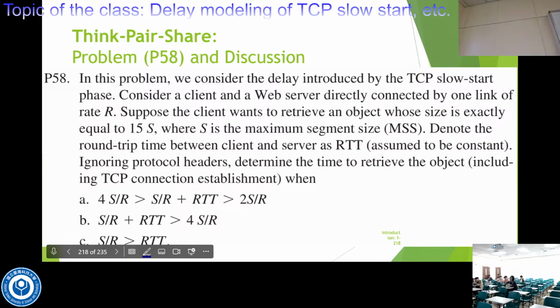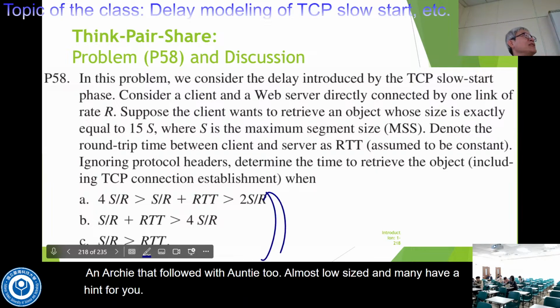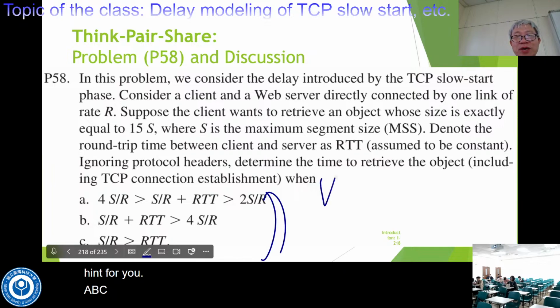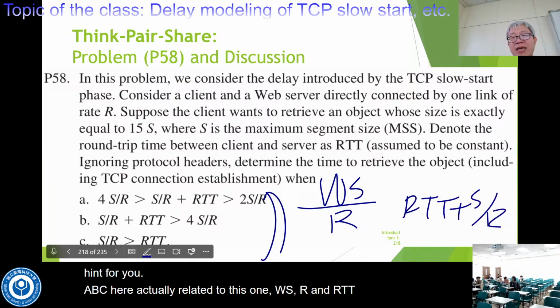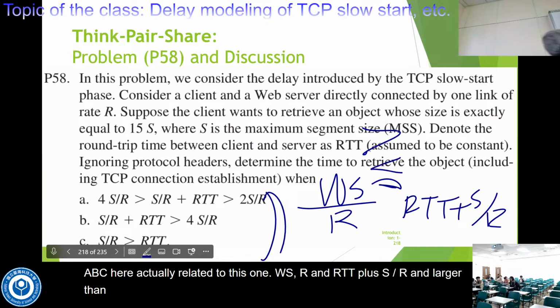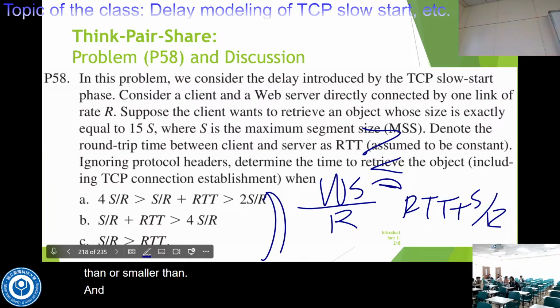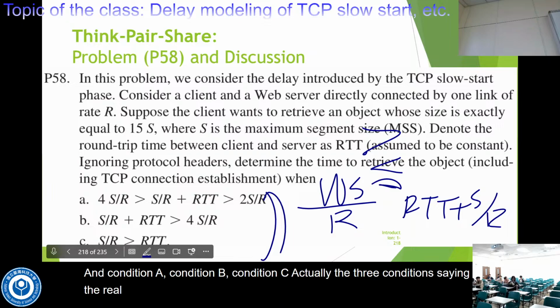Actually, the problem is related to our slow start. Let me give you a hint. A, B, C here are actually related to this one: WS over R and RTT plus S over R, larger than or smaller than. Condition A, condition B, condition C are actually three conditions saying the real window size is larger than something, smaller than something, or falls in between.